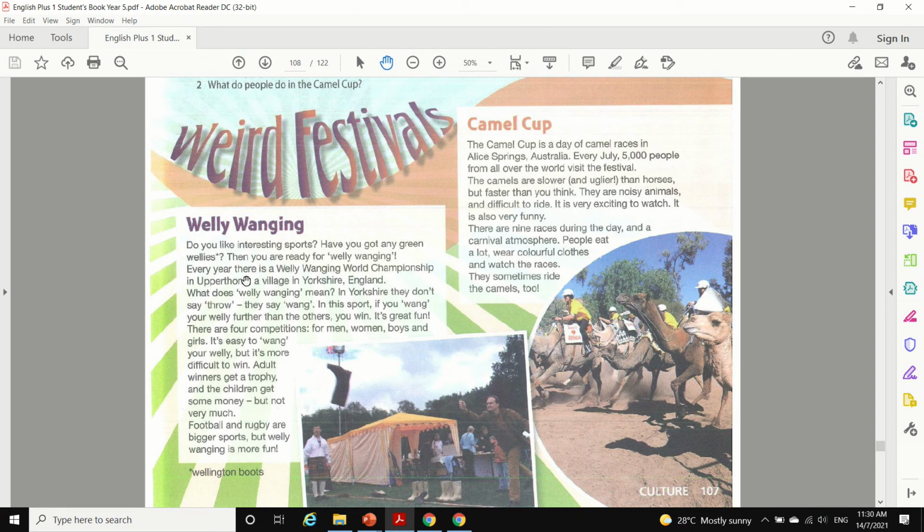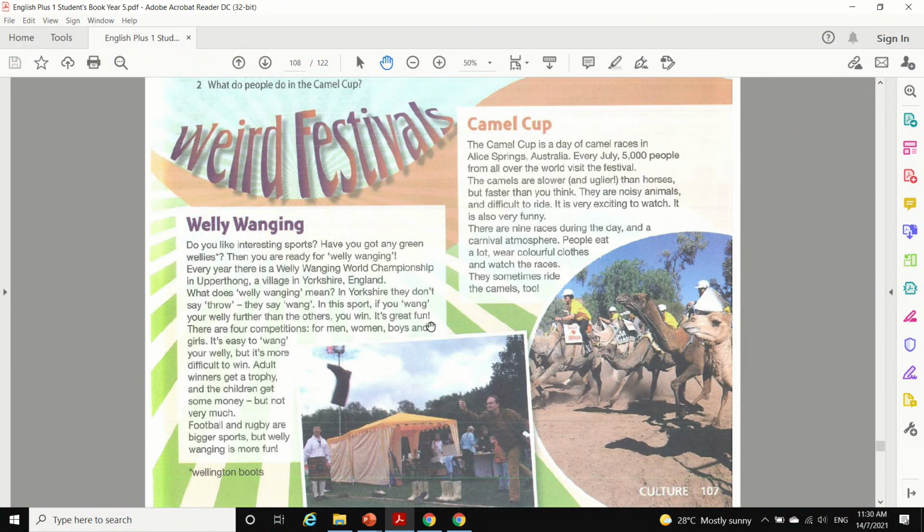Every year, there is a valley wanging world championship in Upperthong, a village in Yorkshire, England. What does valley wanging mean? In Yorkshire, they don't say throw, they say wang. Okay, so they changed the word throw to wang. In this sport, if you wang your welly further than the others, you win.